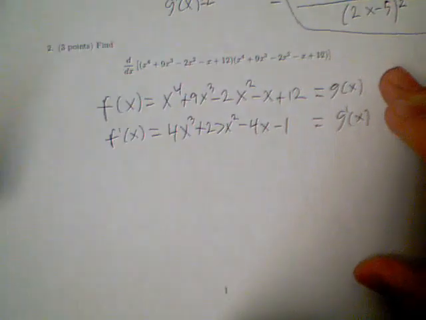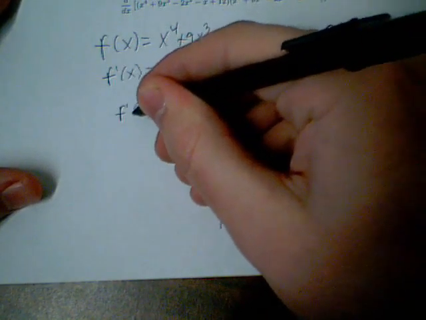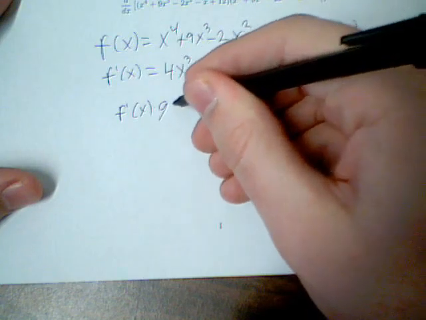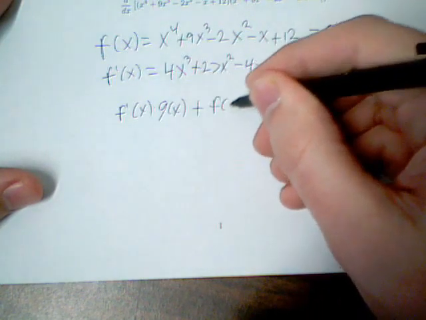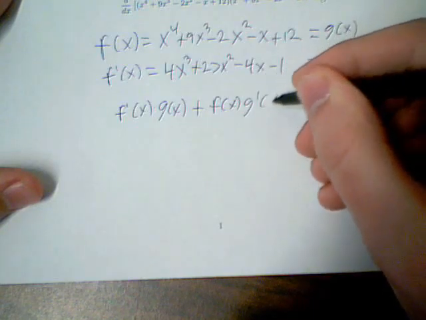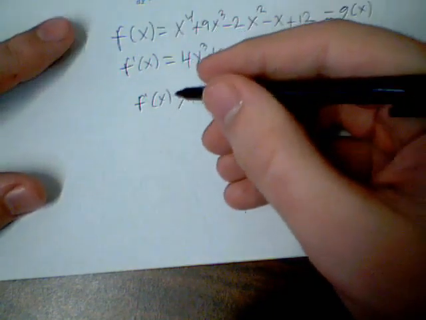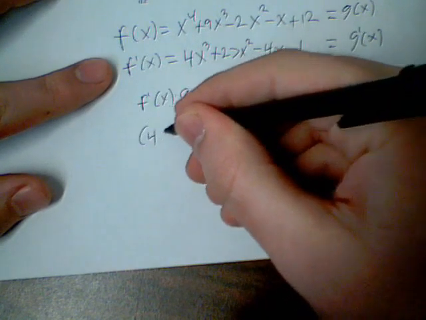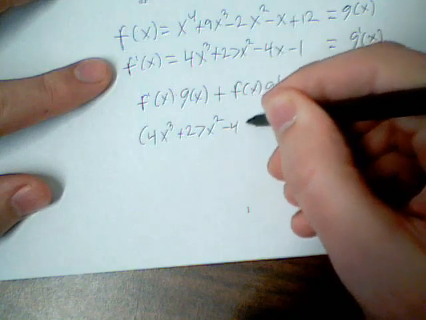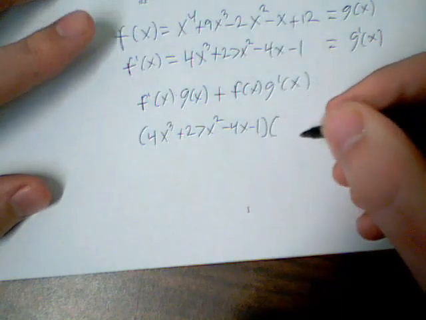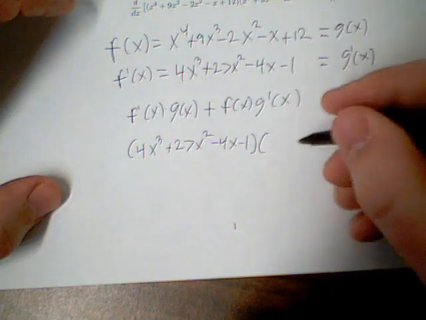Okay. So by the product rule, we get f prime of x times g of x plus f of x times g prime of x. Alright. So that gives us f prime is 4x cubed plus 27x squared minus 4x minus 1 times g is going to be this guy up here.